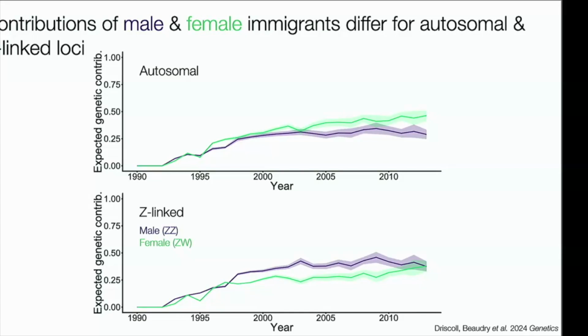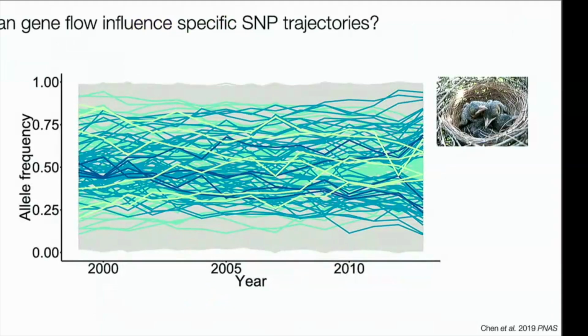So I mentioned at the beginning that variation in individual genetic contributions to a population is what underlies allele frequency change. So we then wanted to ask how gene flow influences the trajectories of different SNPs. Here I'm showing you allele frequency trajectories of our 10,000 SNPs across the genome.